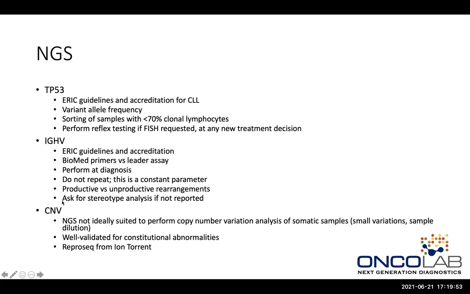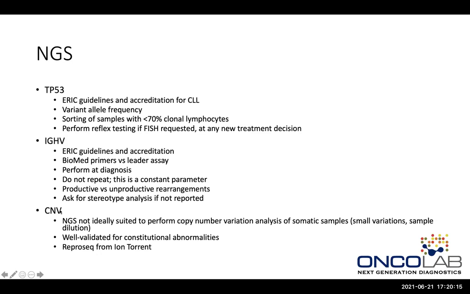And then we have a different bioinformatics tool with which we look for the stereotype. Please request this data if it's not reported, because it's available. If one sequences IGHV, you can determine the stereotype with that same data. One doesn't need to do anything further other than run it through the bioinformatics.